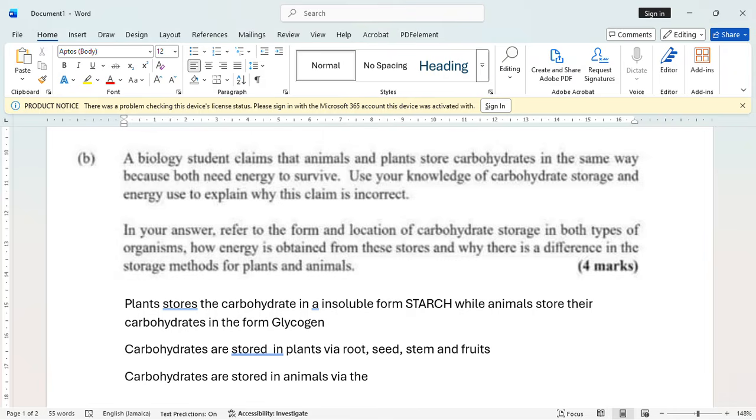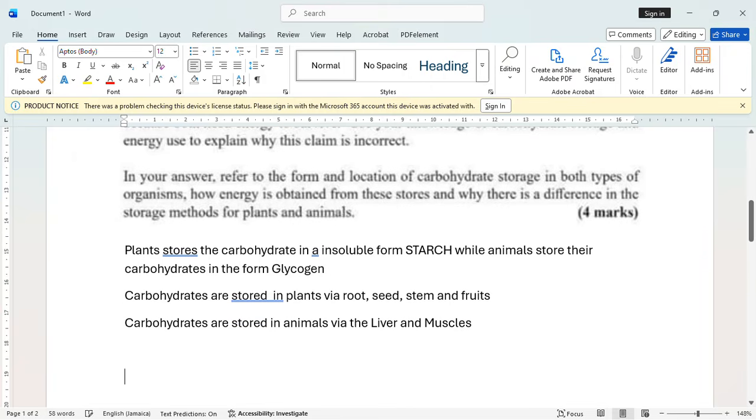But where? Not in the blood. So it is stored in the liver and your muscles. So we capture in what form it is stored, and we capture where it is stored.